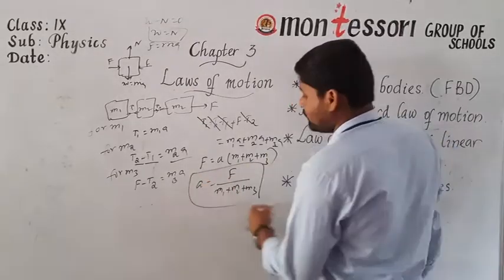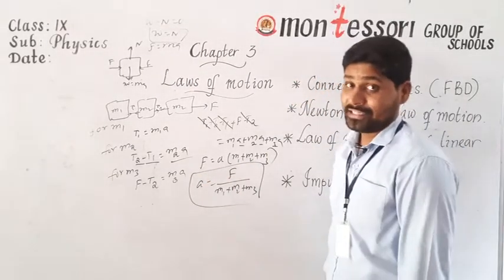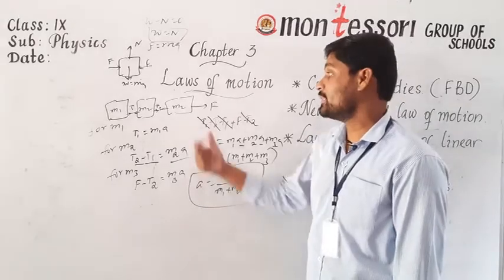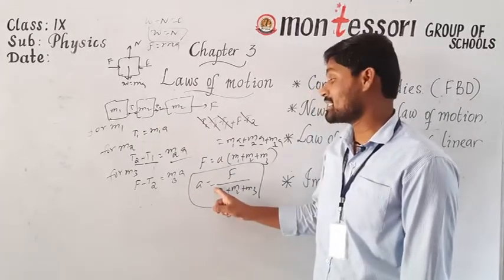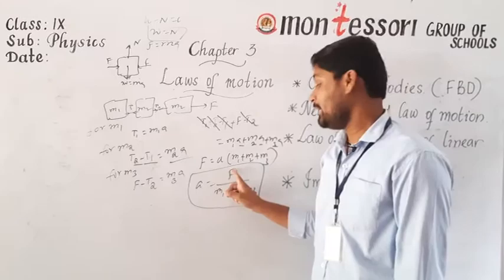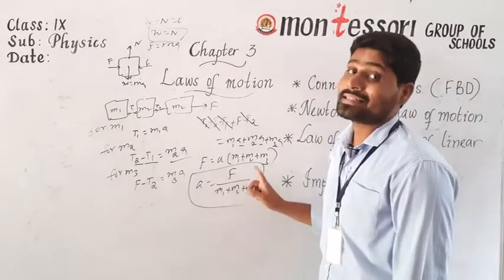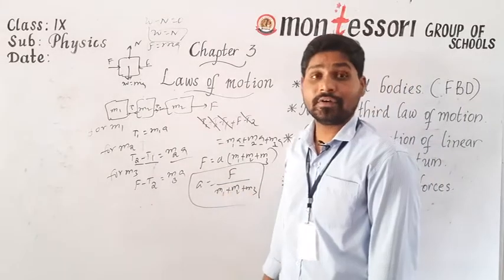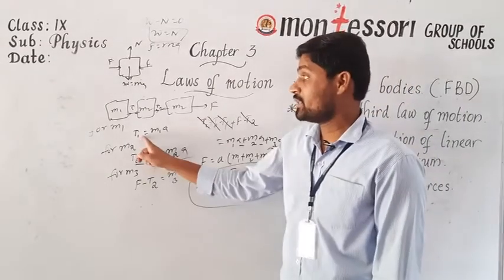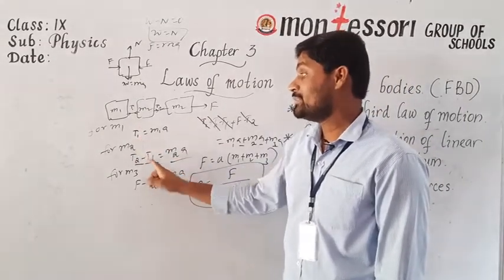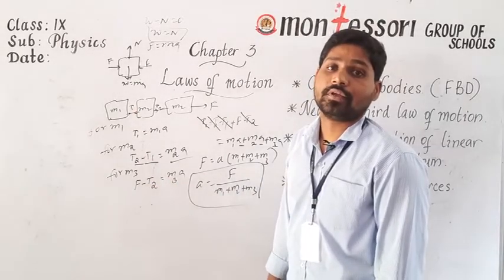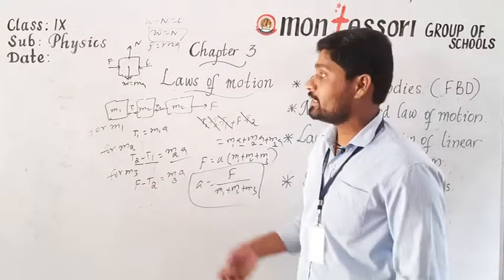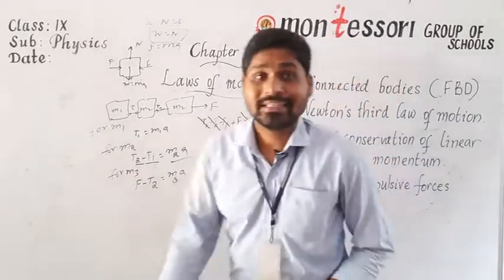Like this, you can find the acceleration of the total system. If you know the acceleration, then it is very easy for us to find the tensions T1 and T2 also. Is it clear? Like that, we can find the acceleration of connected bodies.